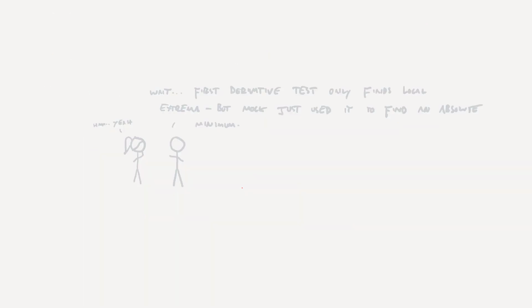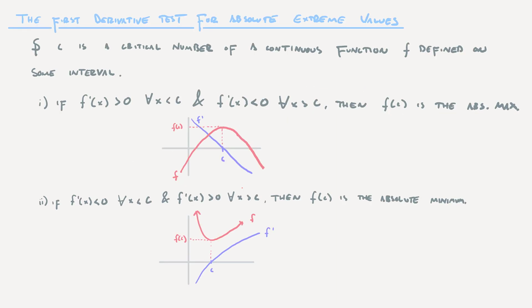Now you might be wondering, hold on a second, the first derivative test only finds local extrema, and yet I just concluded that it was an absolute minimum, right? I just said, okay, well, that's the smallest value that appears, so I'm done. Well, that's true. That's a really good point. It's a good thing that the first derivative test for absolute extrema values exists, though.